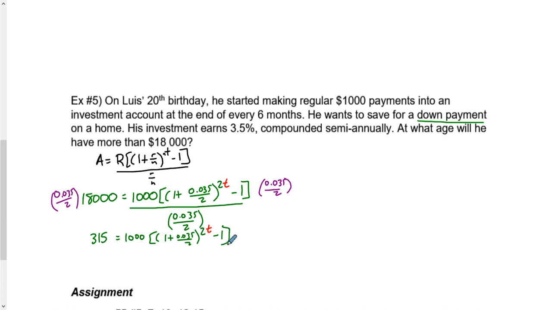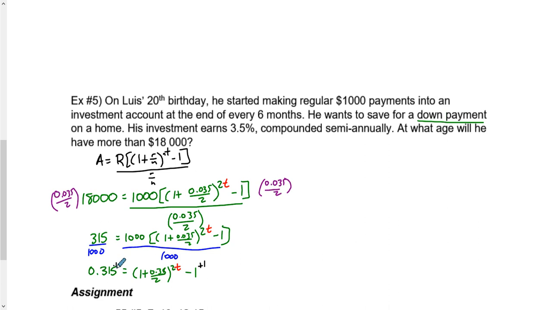Minus 1. I'm going to then divide by the 1,000 to give me 0.315. So I don't actually need that bracket anymore because I don't have anything on the outside of it. 1 plus 0.035 over 2, to the power of 2t, minus 1.